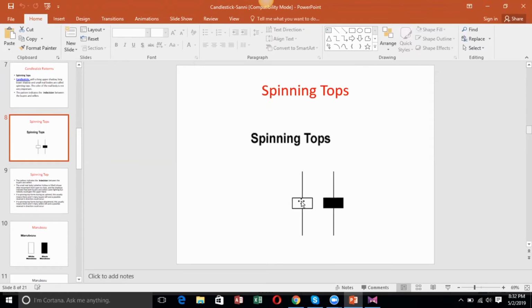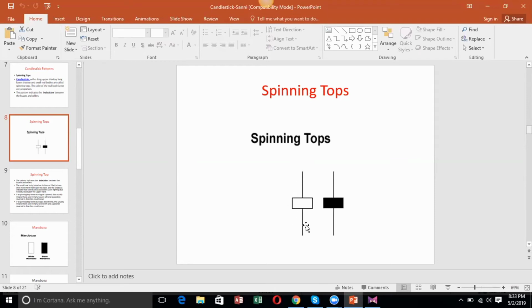If you look at this candlestick very well, you will see that it has a small body, visible enough that we can recognize it. But the shadows are almost equal.